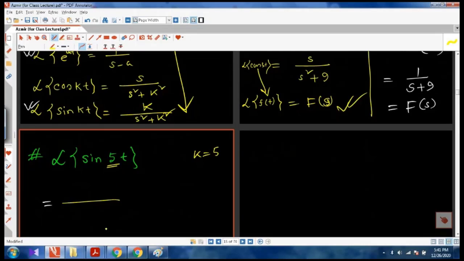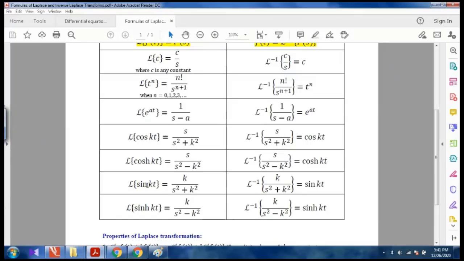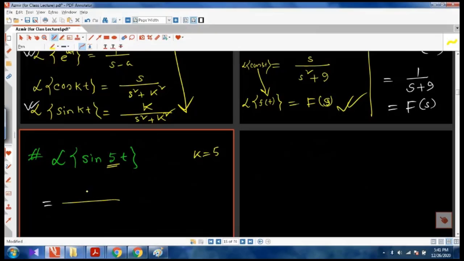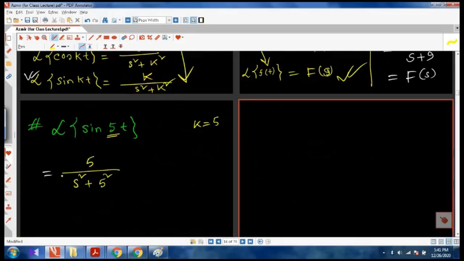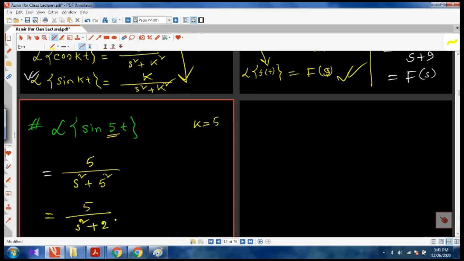So that means 5 over s squared plus 5 squared, which is actually 5 over s squared plus 25.